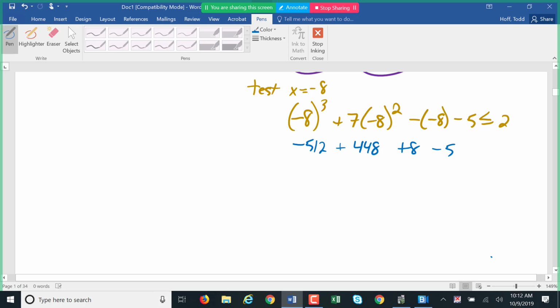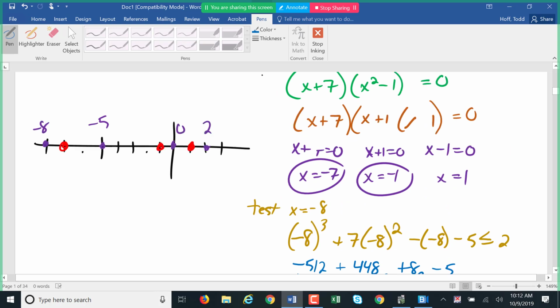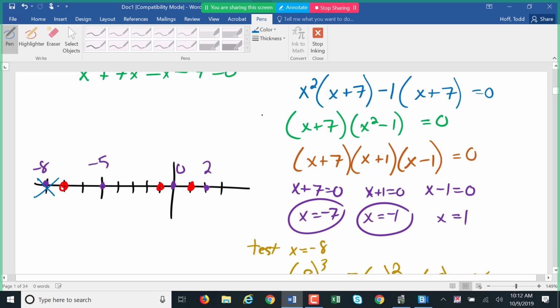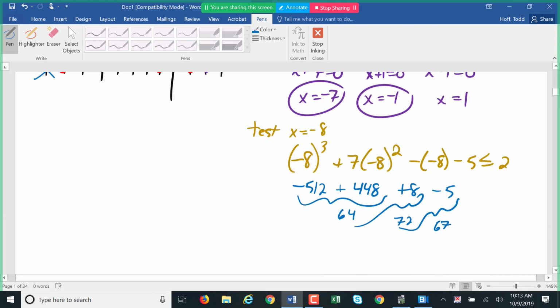Well, -512 plus 448 is 64, plus 8 is 72, minus 5 is 67. That is not less than 2. It's greater than 2. So we do not have solutions in that region. Let's test the -5 to see if we have any between the -7 and the -1.